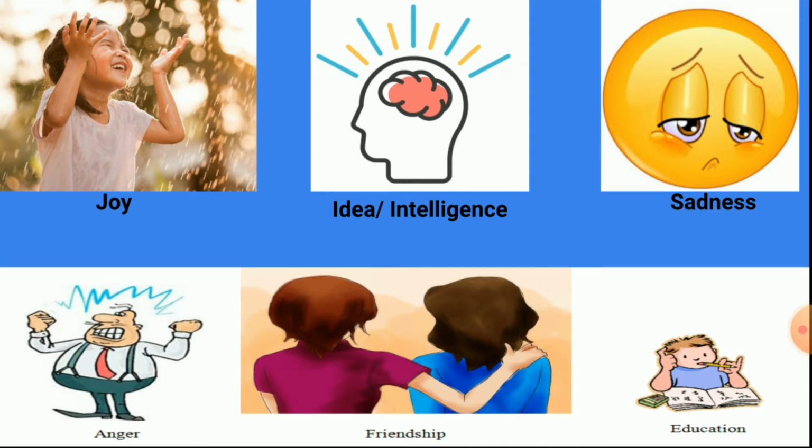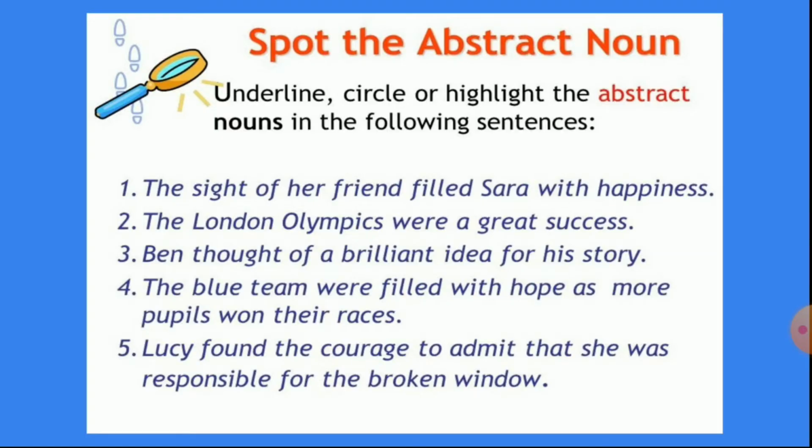We cannot see them, we cannot touch them, we cannot taste them, we cannot hear them, we cannot smell them. So they are known as abstract nouns. The nouns which are present, but we cannot use our five senses to feel their presence. Okay? Let us see the next one.